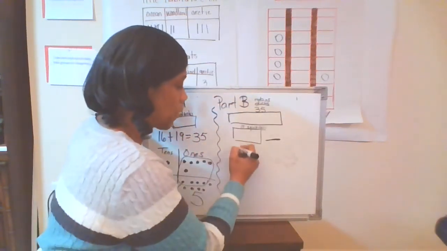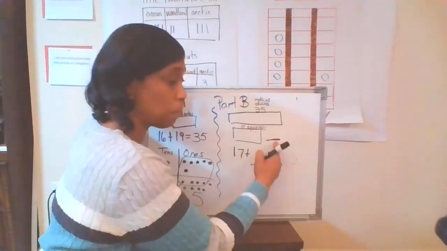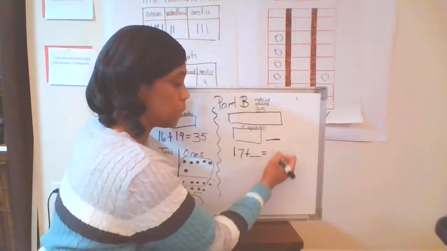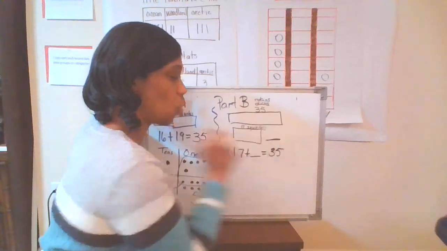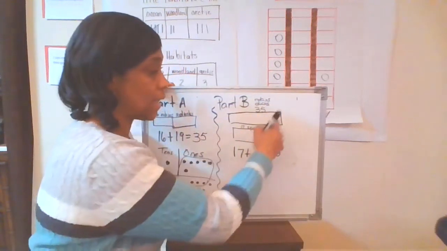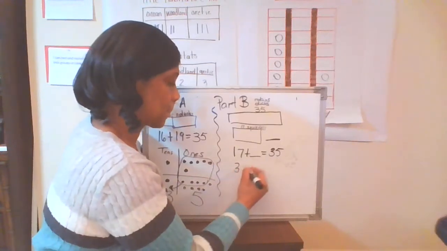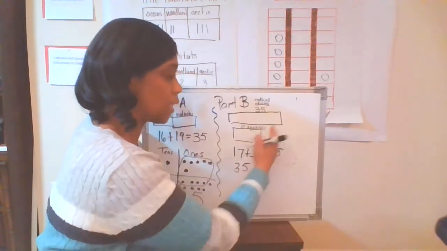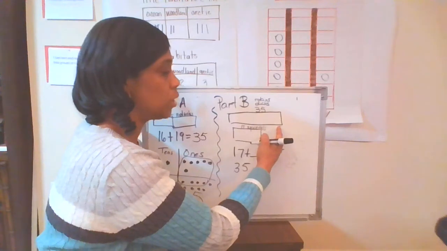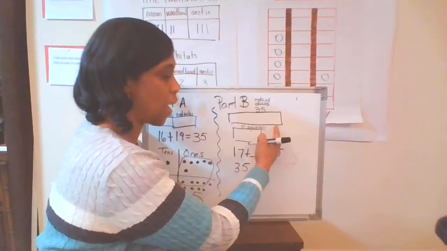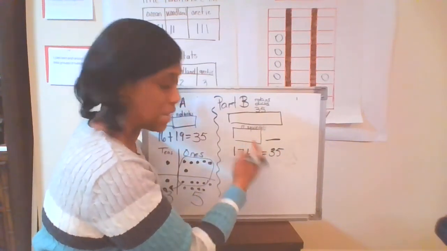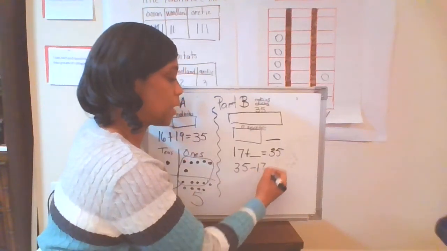I can say, well, if I'm at 17 plus something would get me to 35. Or I could work backwards and say, if I have 35 and I take away 17.